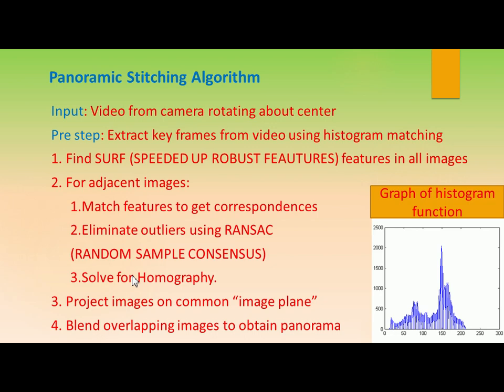Then we use the technique SURF, Speeded Up Robust Features, on all the images. For adjacent images, we match the features and eliminate outliers using RANSAC, random sample consensus, and solve the homography. In this way, we blend the overlapping images to obtain the panorama.